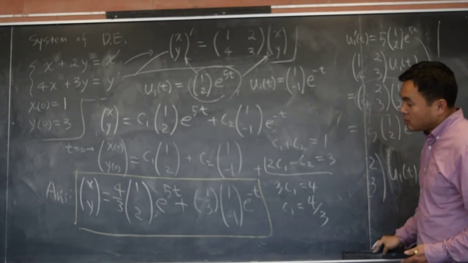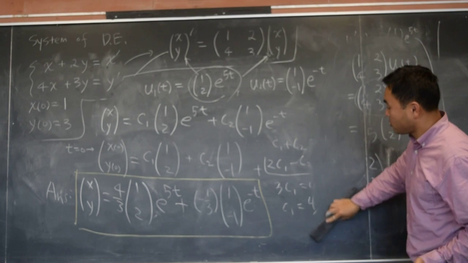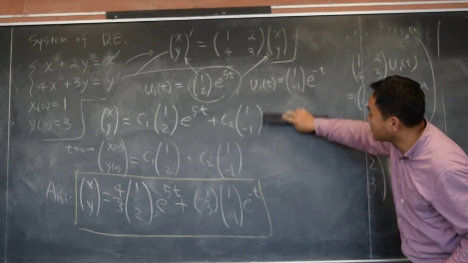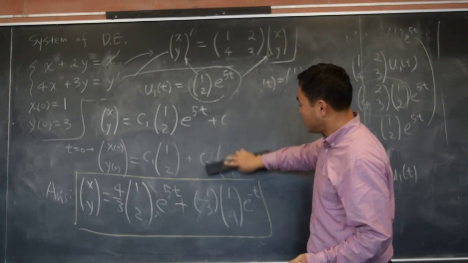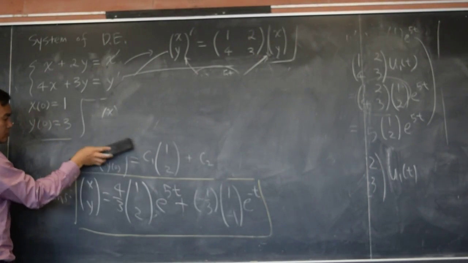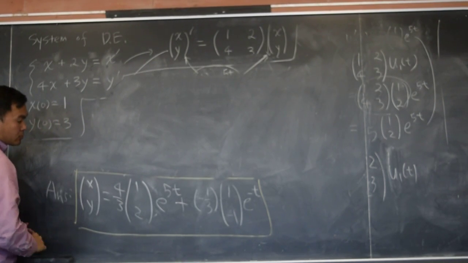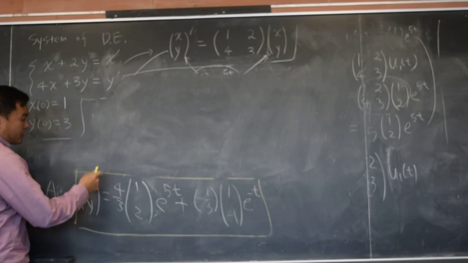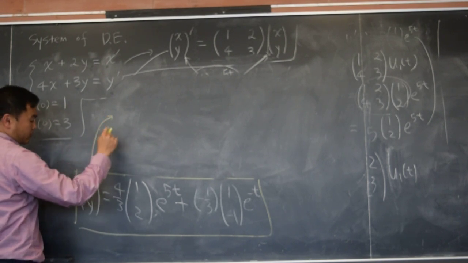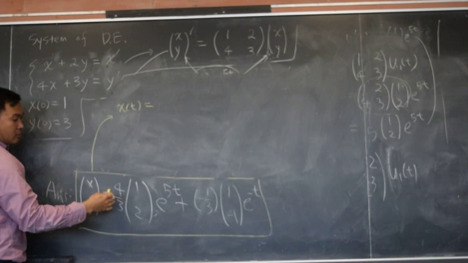Now, one thing that you might be asked to do is to represent your answer not in matrix form, but in terms of x and y. So you should be prepared to write this as x and y. In other form, x(t), can you read the top part only?